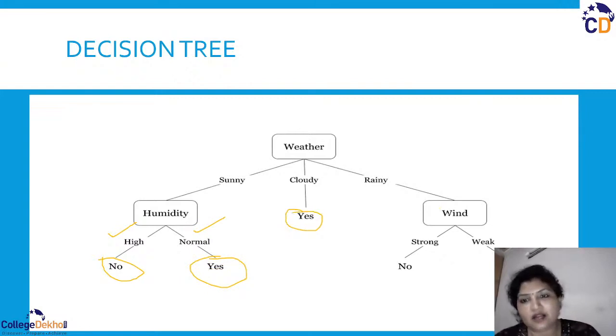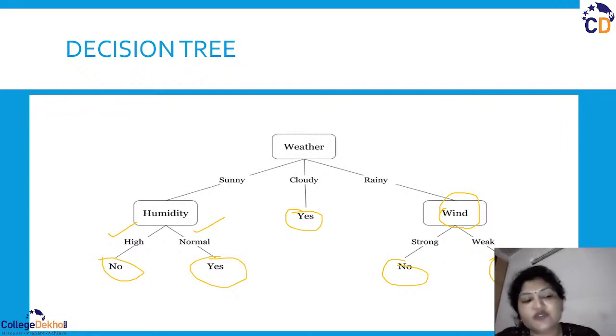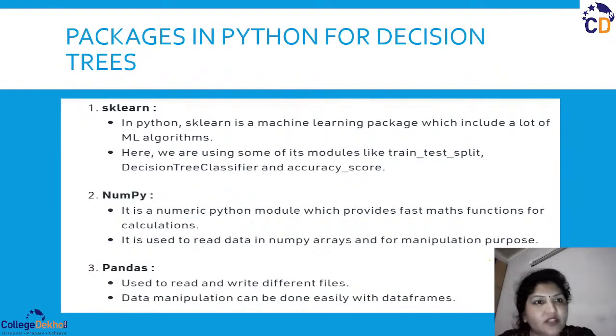If it is rainy, and there is strong wind, you won't be going outside for your planned trip. If the wind is weak, you may go to watch a movie or have a picnic outside. This is how we make decisions. It is basically meant for making decisions, which is why it is called a decision tree. You decompose the problem, take a decision at each step and check the condition, so based on the condition you have different scenarios.